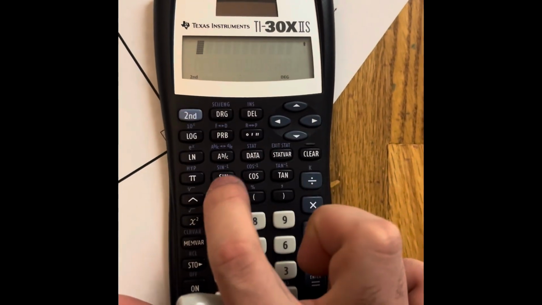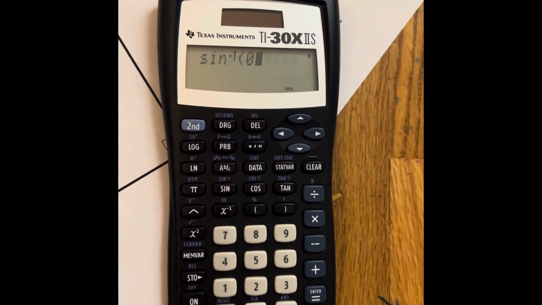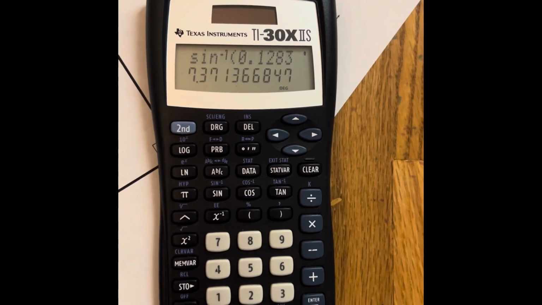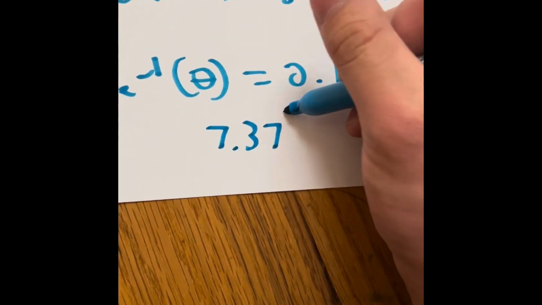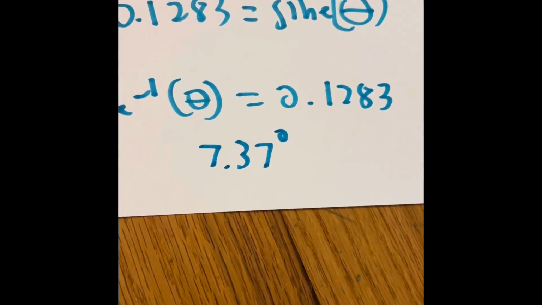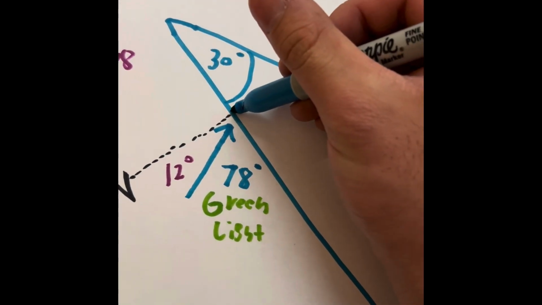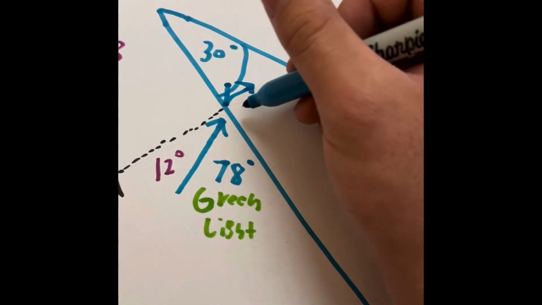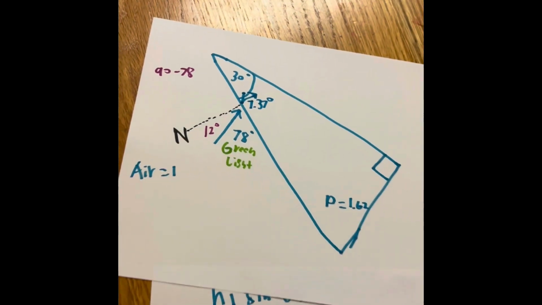The inverse sine of 0.1283 gives our final answer for that one: 7.37 degrees. So we are going to put 7.37 degrees. That is going to be the amount of degrees pointed towards the medium inside the prism. So that is the first one.